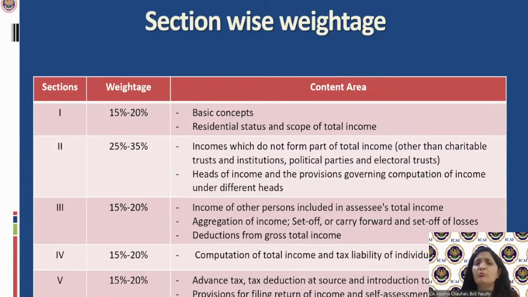So the content of the Income Tax Act is very limited at intermediate level, right? These are the basic things which will help you to solve these simple problems in the practice. When you do your practical training, you would be able to file the income tax return of an individual. You will be able to do it, right?